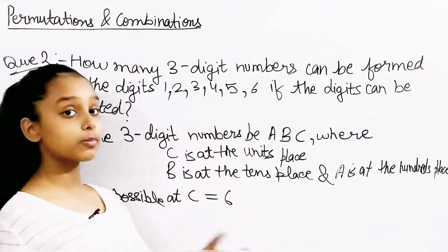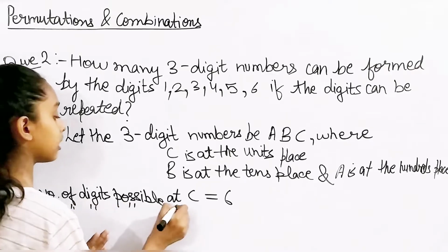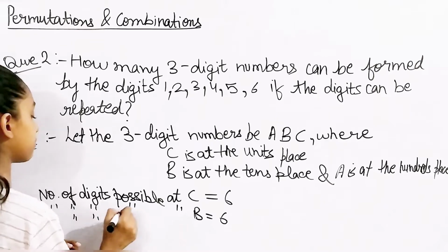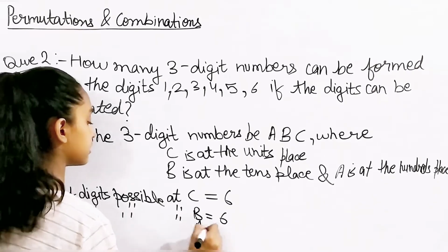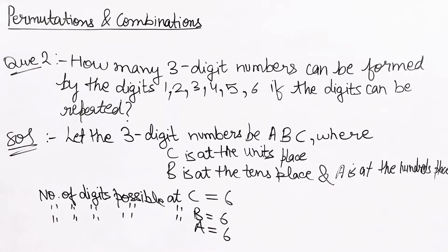Number of digits possible at C is equal to 6. Number of digits possible at B is equal to 6. Number of digits possible at A is equal to 6. So now in the last, what will we say?